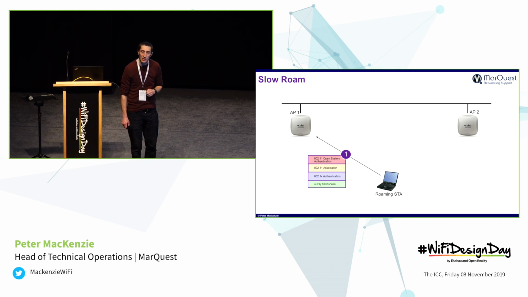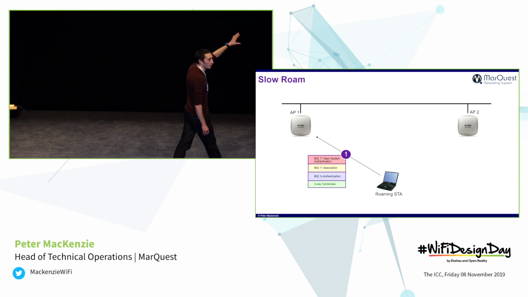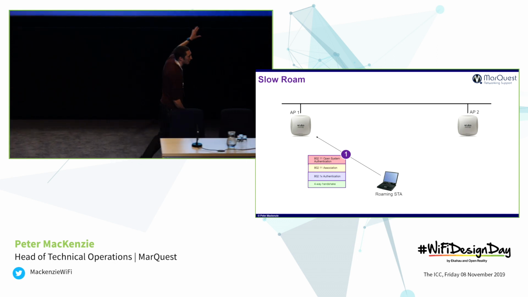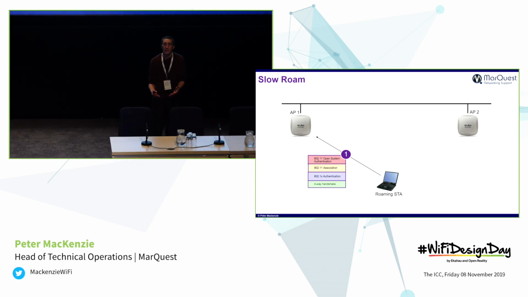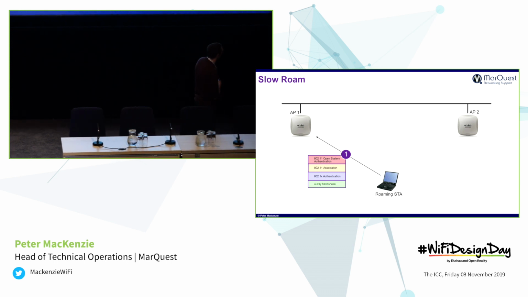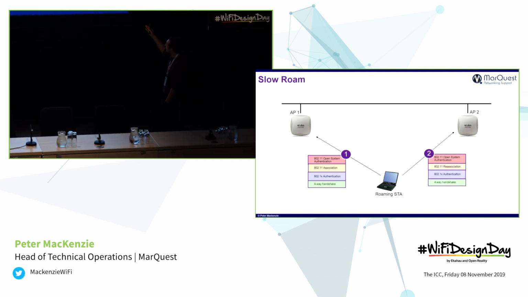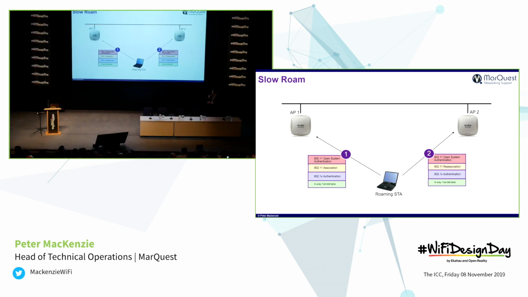But what happens is our station starts to roam away from AP1 all the way to AP2. And as it's getting closer to AP2, it decides the signal strength for AP1 is below its roaming threshold. It's discovered AP2 is a better AP to connect to, and it will roam to AP2. When it roams to AP2, it's going to go through the same process.